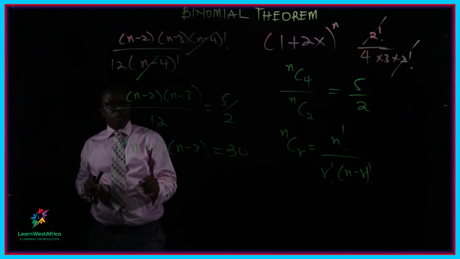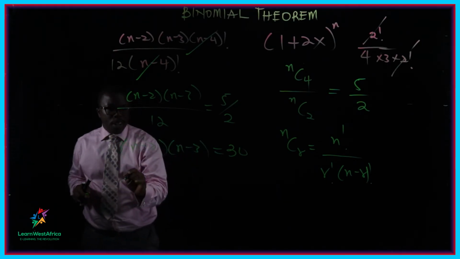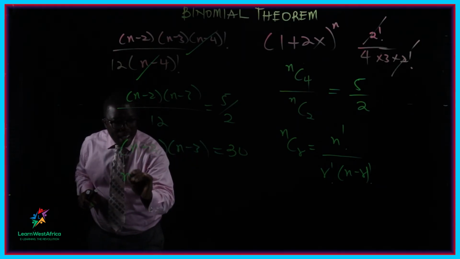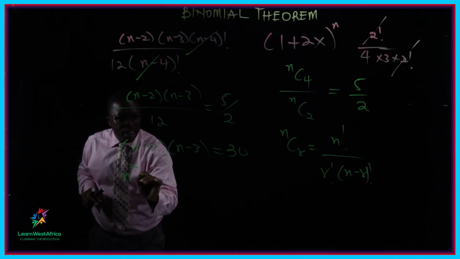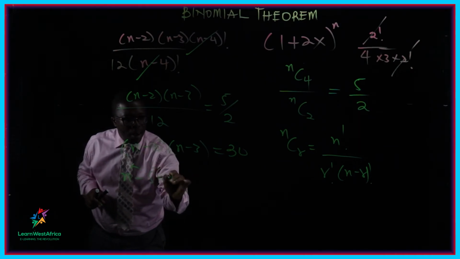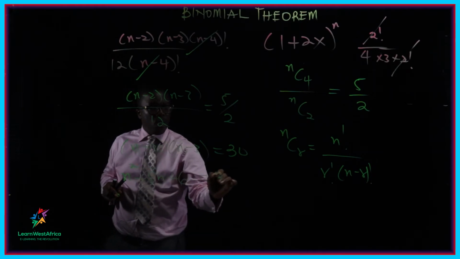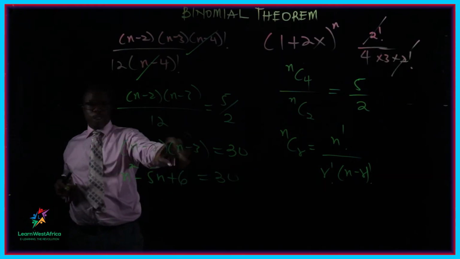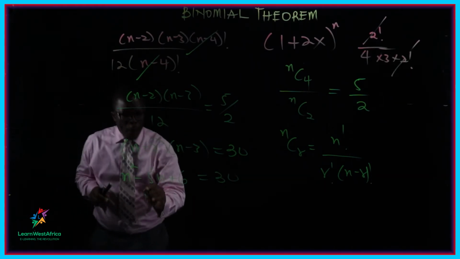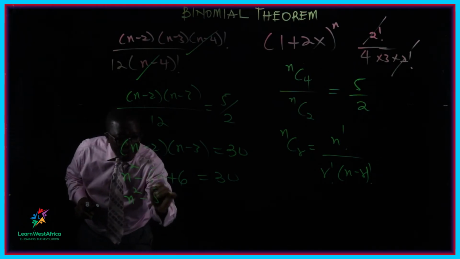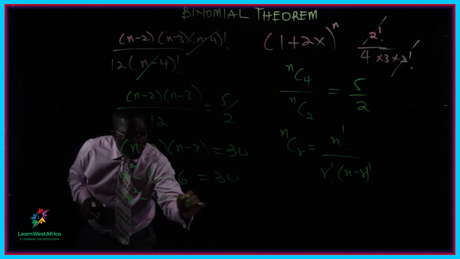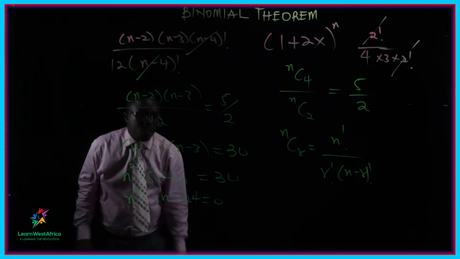When you resolve that into a nice quadratic and expand, you should get n squared minus 5n plus 6 is equal to 30. So we are going to get n squared minus 5n minus 24 equal to 0.